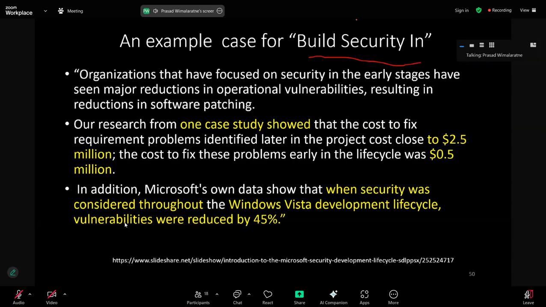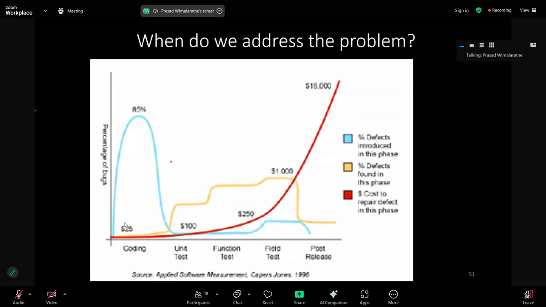And Microsoft, with the legacy operating system Windows Vista, claims that when security was considered throughout the life cycle, the vulnerabilities were reduced by 45%. Actually, this build security paradigm was not something recently initiated. Microsoft has been using it from the Windows Vista days. It was not a new thing for them. Subsequently, it has matured into various models.